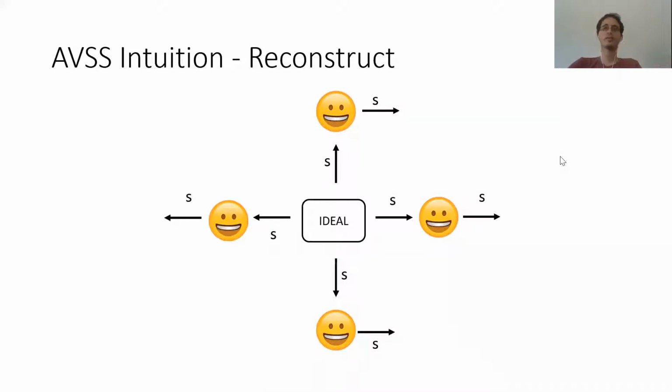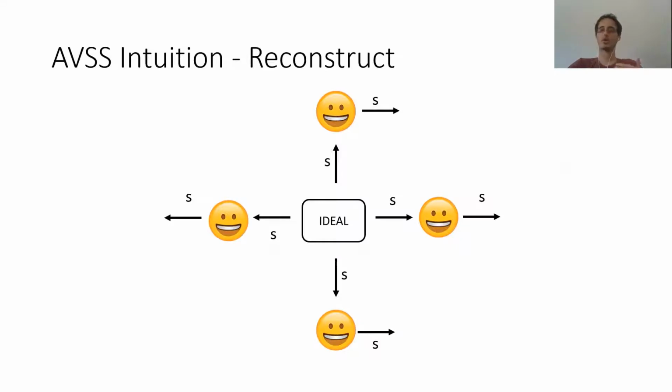So intuitively, there are three types of run of an AVSS protocol. The first type is where the dealer is non-faulty. It receives some value S as an input, sends it over to the ideal functionality, and then the ideal functionality sends a done message to every party and they complete the share protocol. Now, note that in this case, the only party here that heard anything about that value is the ideal functionality.